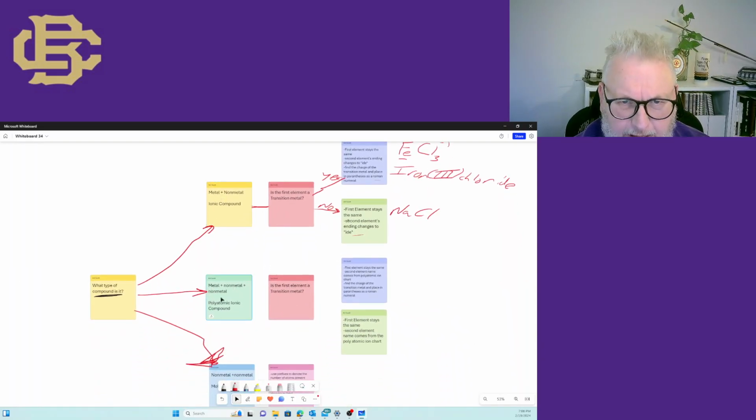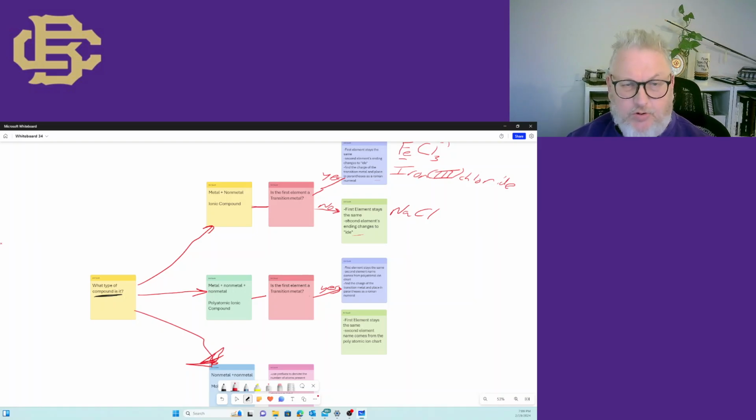Now let's look at the next little deal. We've got a metal, a non-metal, and a non-metal. Well, now we've got a polyatomic ionic compound. That means we're going to have to use those charges that I gave you with the polyatomic ions. First question, is the first element a transition metal? If it is, we're going to do just like we did before. We have to determine the charge on that transition metal and use Roman numerals.